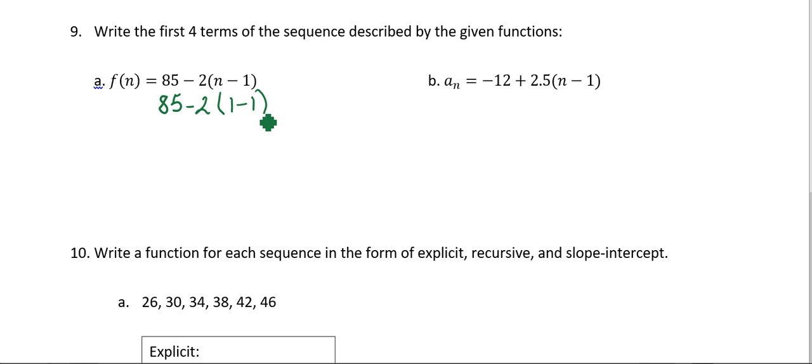So that gives me -2 times 0. All I've done is plug in 1 for n for my term. So I have 85 minus 2 times 0. 2 times 0 is 0. So I have 85 minus 0. That gives me 85. So my first term is 85.